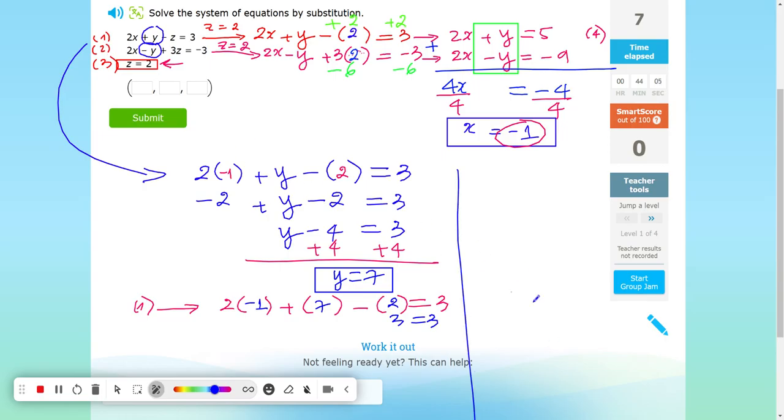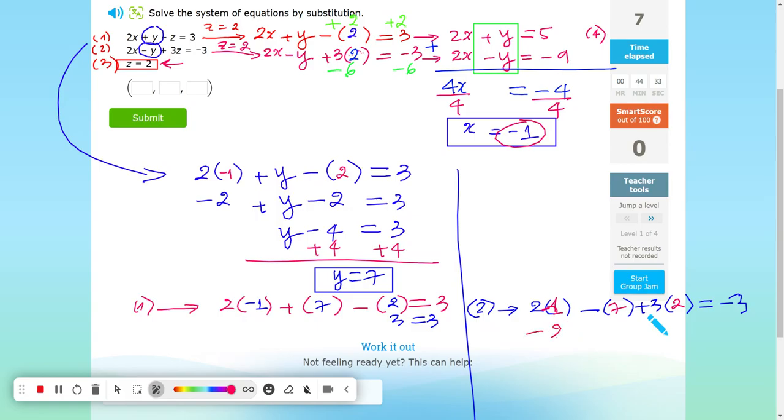But let's test one more time for the other equation, which is equation number 2. Let's test it out: 2x subtract y plus 3z equal negative 3. Now substitute the values in: x equal negative 1, y equal 7, and z equal 2.